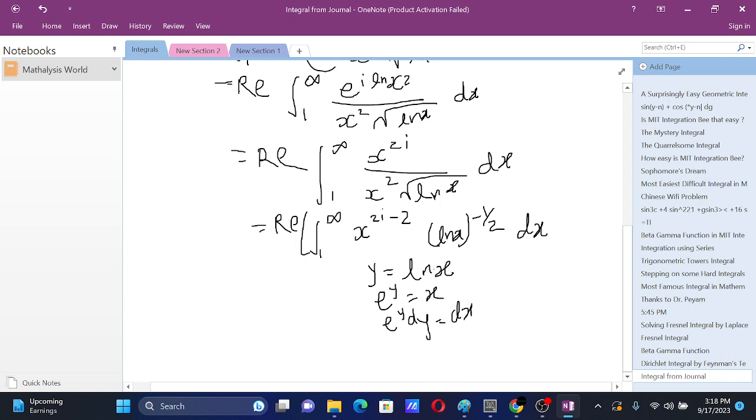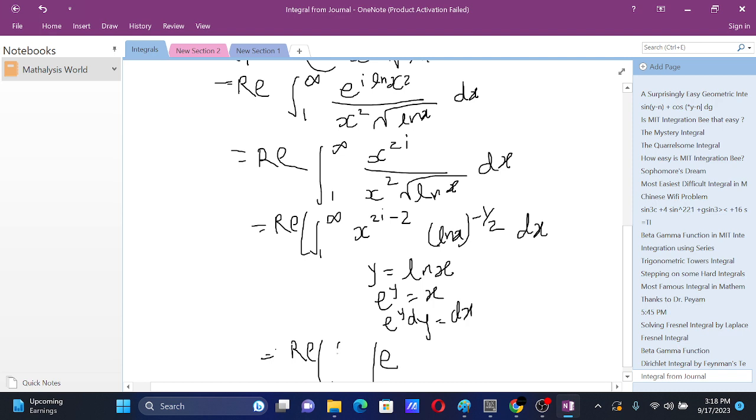And if we make the change y equals ln x, we will also need to change the limits of integration. For x being 1, y will be 0, since ln of 1 is 0, and for infinity, y is infinity.